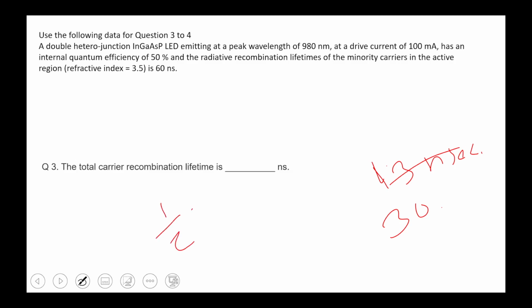You have 1 by tau equals 1 by tau r plus 1 by tau nr. You have given the internal efficiency also in the question, so you have to calculate this time.